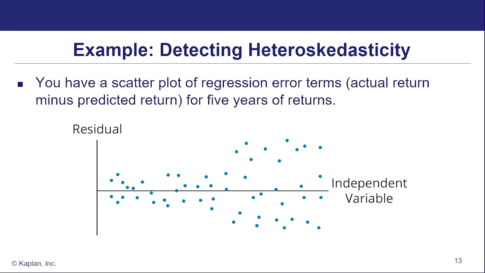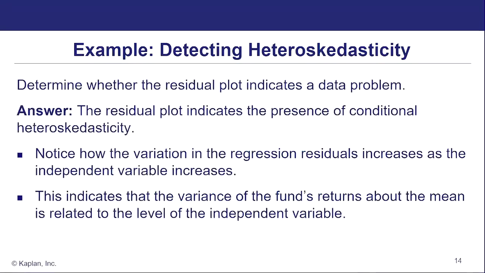Because I'm not convinced that my data is clean, I'm not convinced that I don't have conditional heteroscedasticity, I run a formal test. So for doing the formal test, I need the R square. Remember, R square is where I'm regressing the squared residuals onto the original independent variables.